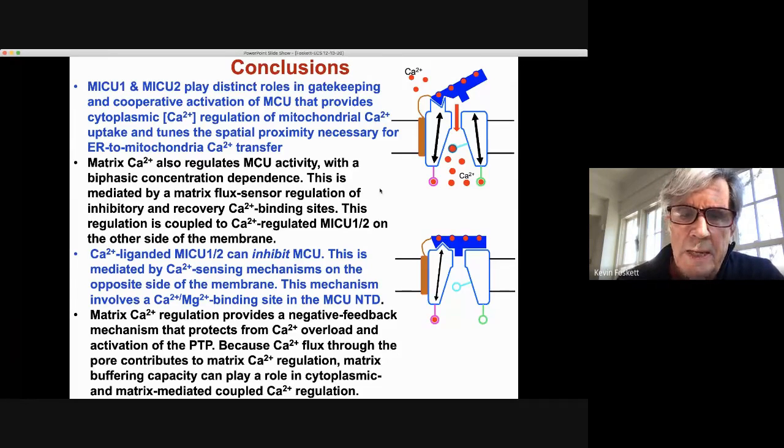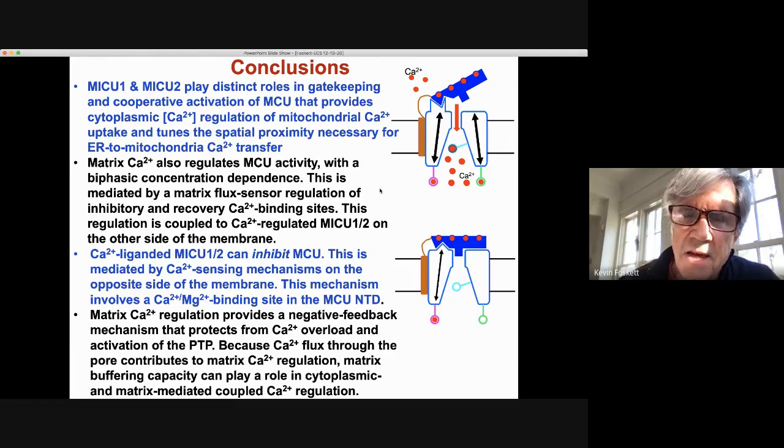We do want to look at this whole question in cardiac myocyte mitochondria. There are some pieces in the literature; I think Anant Parekh and Claus Wollheim have contributed to this, suggesting, using very different approaches, that there is matrix calcium mediated feedback inhibition of calcium uptake, which we recognize to be primarily through MCU.